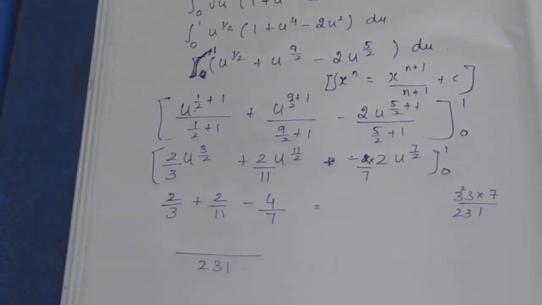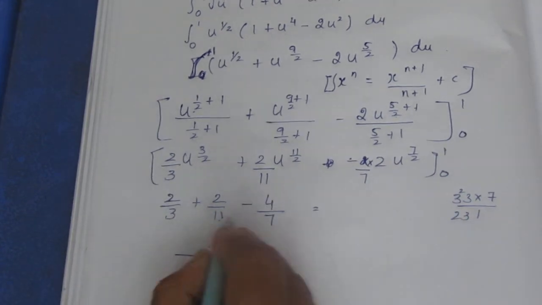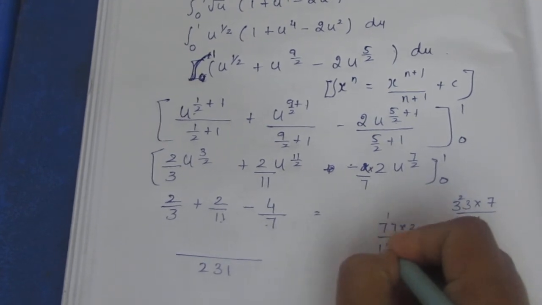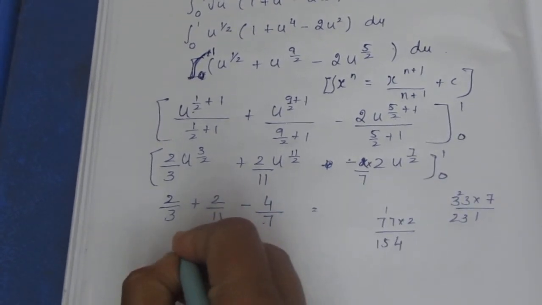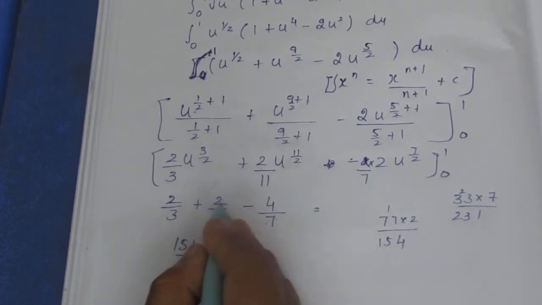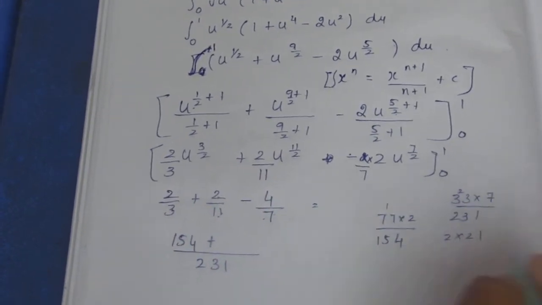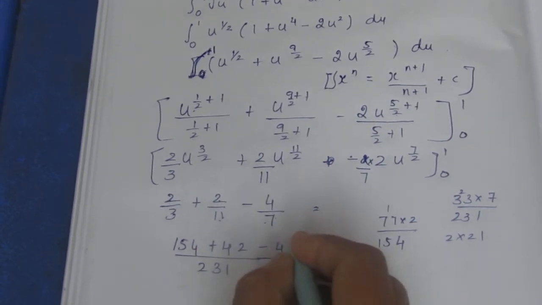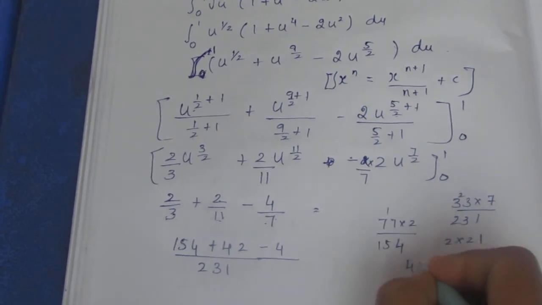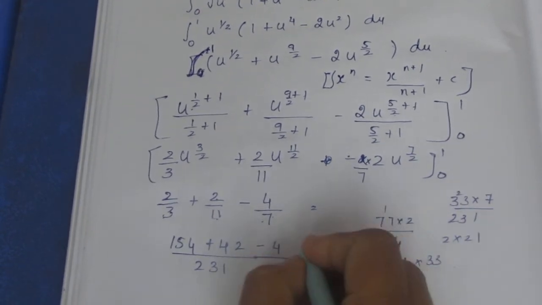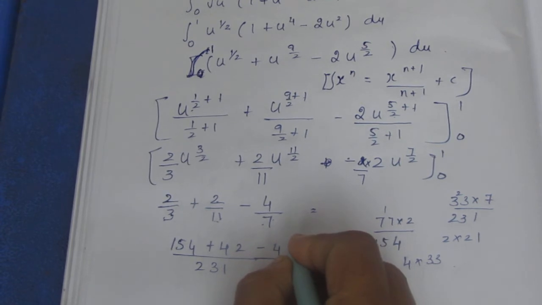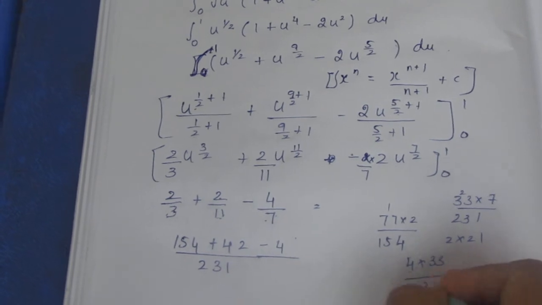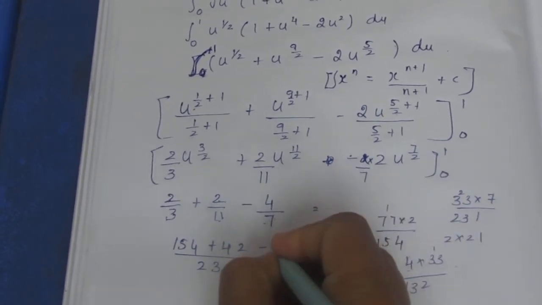Now we need to multiply 2 into 77. So 77 into 2 will become 7 twos are 14, 154. Plus, here we need to multiply with 21. So 2 into 21 will give you 42. Minus 4 into 33, so 4 into 33 is 132.